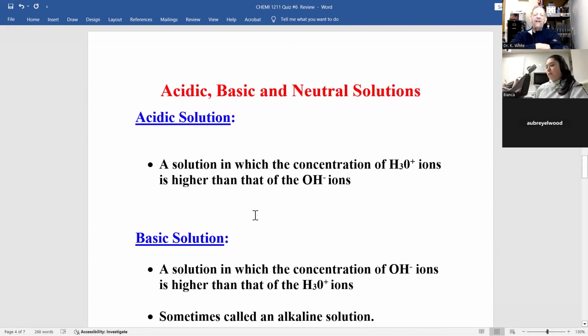Now, when it comes to acids and bases in an aqueous solution, there are the terms acidic, basic, and neutral. You should know an acidic solution is one where the concentration of hydronium ion, H3O plus, is higher than the hydroxide. One way to remember this, when I put something in brackets, that's concentration, how much, moles per liter.